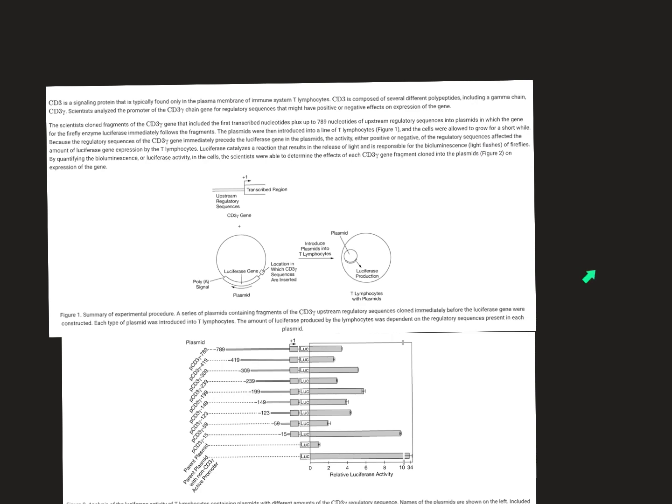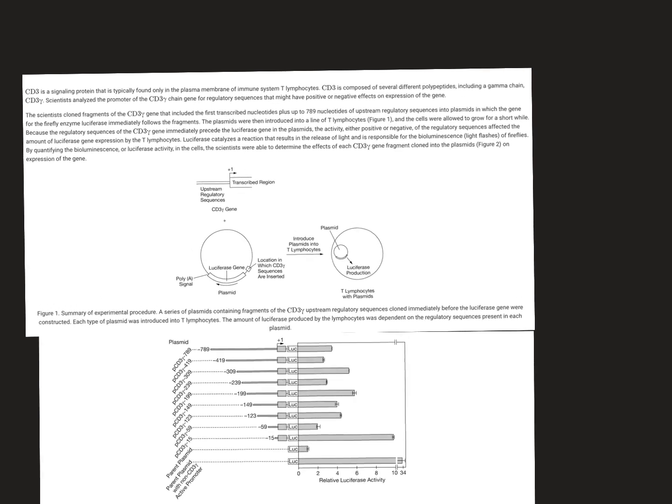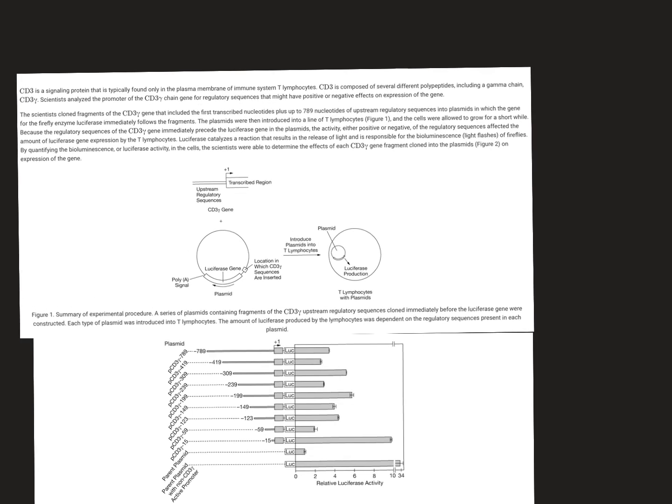Okay, so when we look at the CD3, a signaling protein that is typically found only in the plasma membrane of the immune system's T lymphocytes, right away they give you a clue. What that tells me before I go any further is that I have these cells called T lymphocytes.